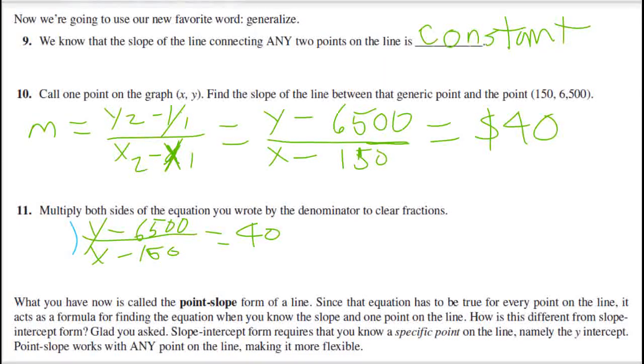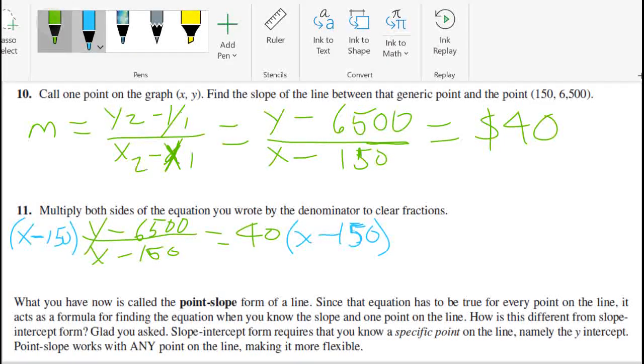Okay. x minus 150. As you know, when we multiply both sides of an equation by the same thing, we do not change the fact that they're equal.